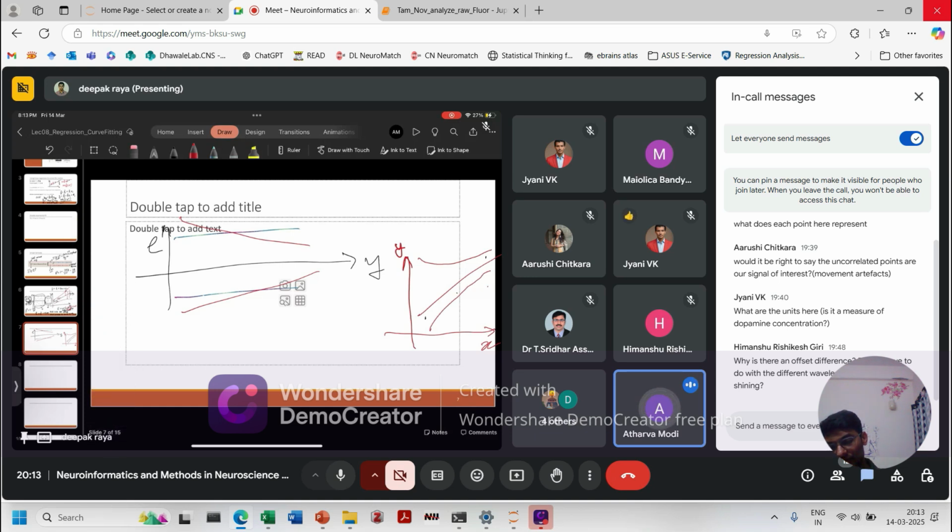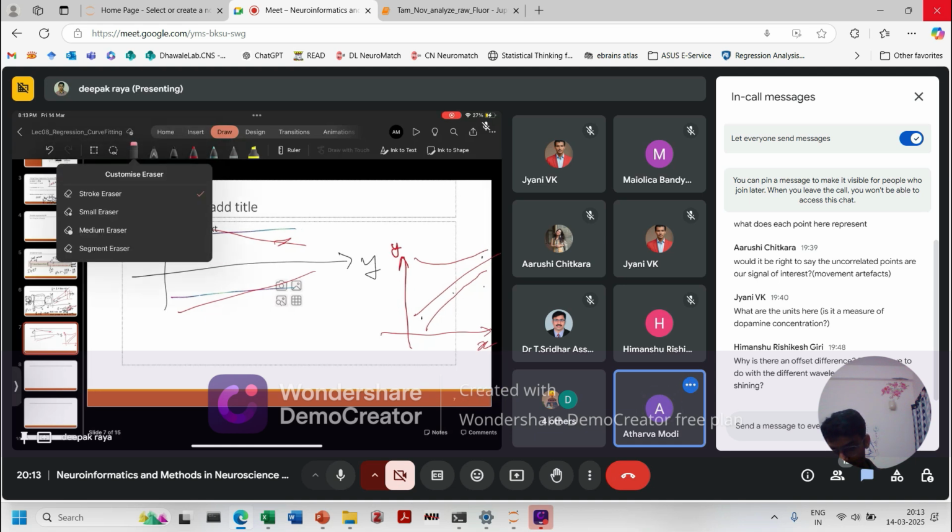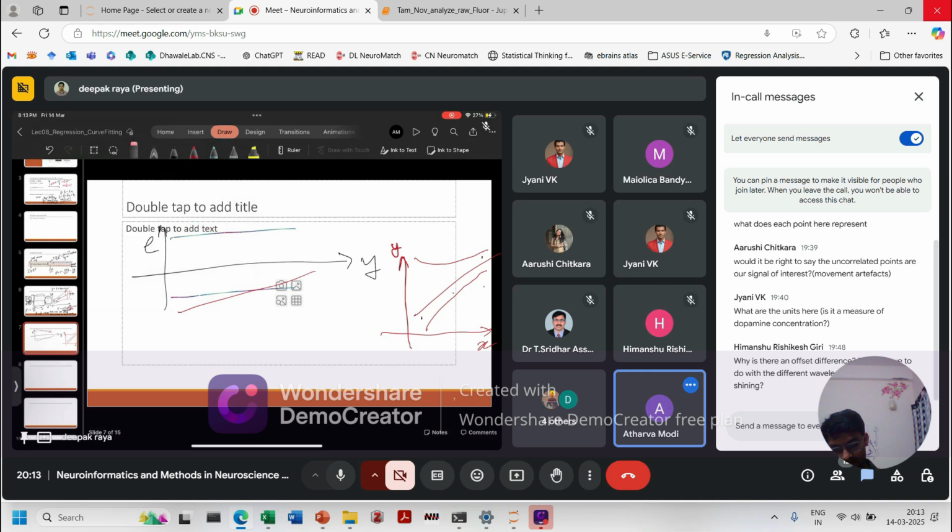There are other forms of error terms that you can get. Other forms may include an error spread like this.